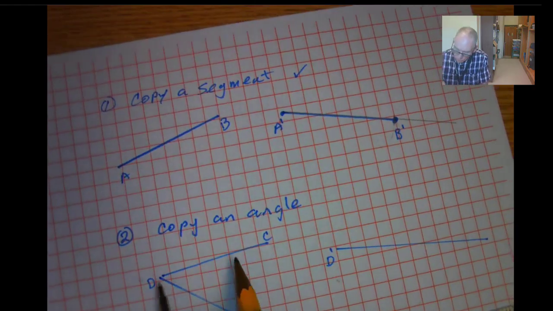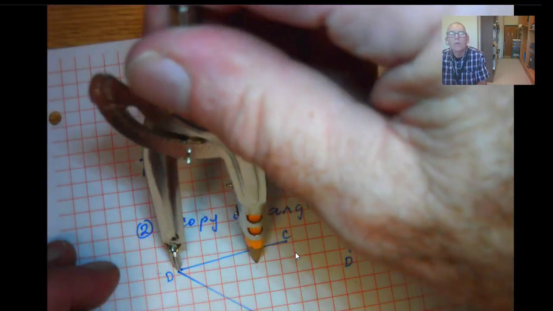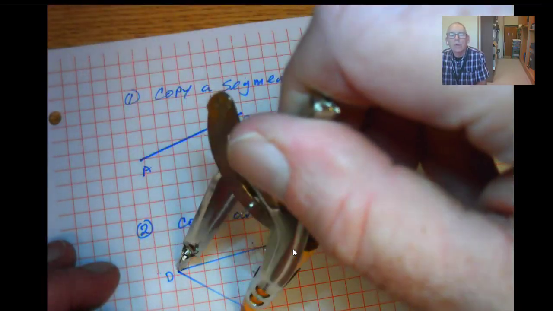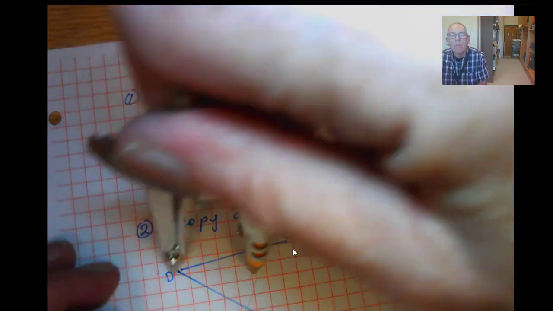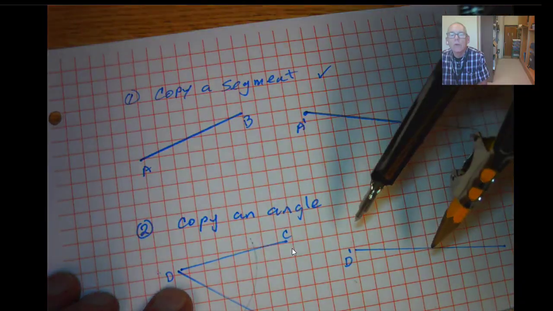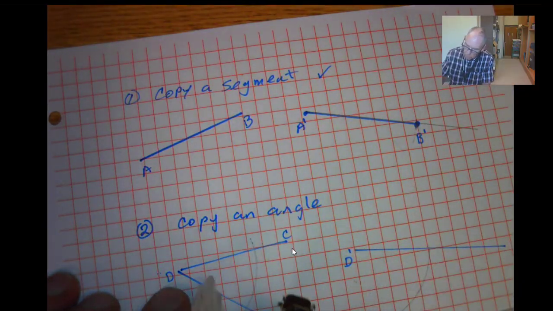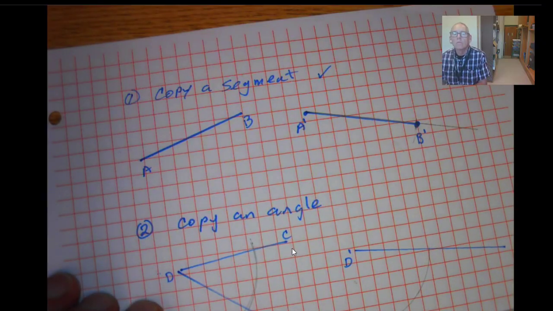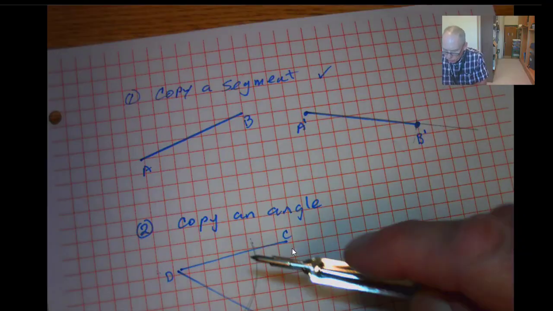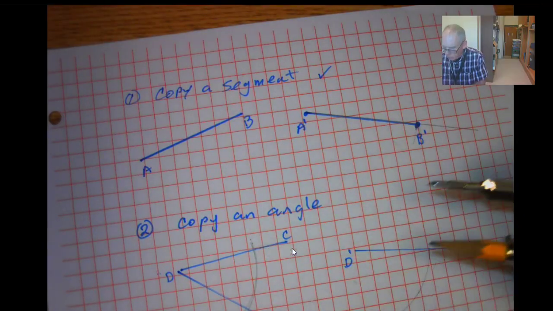So for this construction, we set our compass to some kind of an arc, and the key is you want to have that arc cross both sides of the angle, because what we really need to find are those 2 points that are equidistant from the vertex of the angle. We also transfer that same arc over to where our angle needs to transfer, and we don't change the settings.